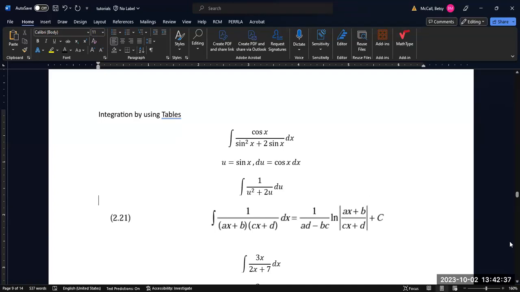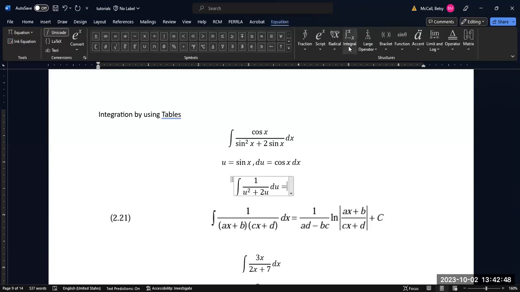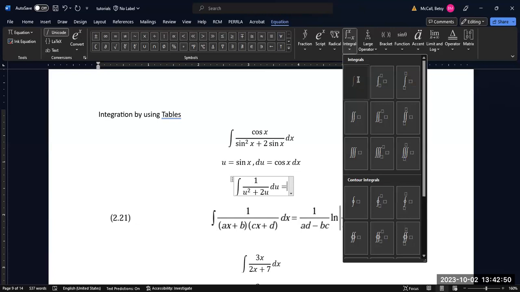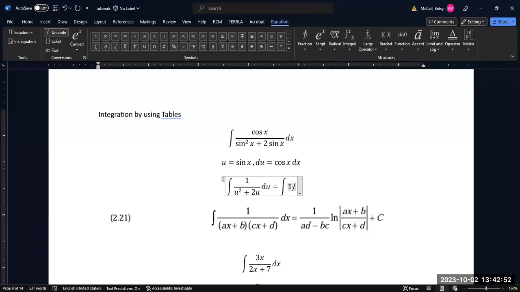Flipping back and forth between the formula and the sheet that you're working on can sometimes be weird. So I'm going to rewrite this integral in the factored form that we need: u times u plus 2 du.